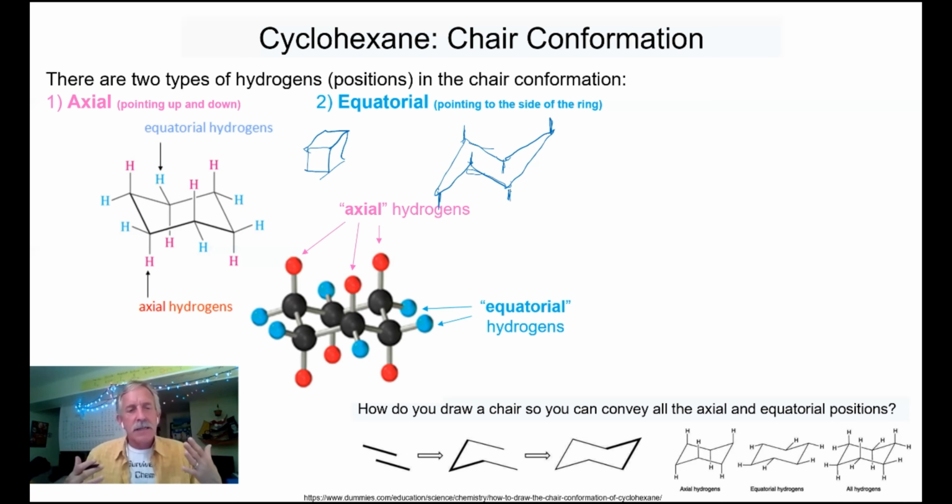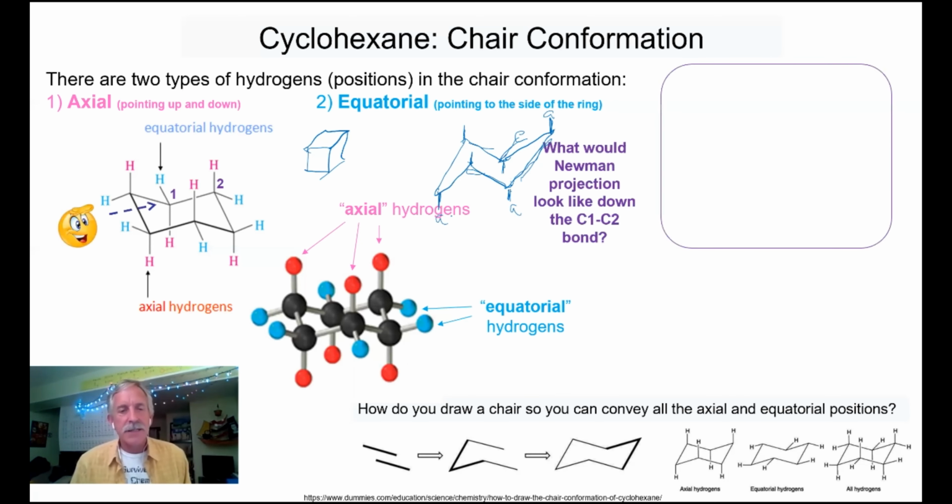So please just keep practicing. I don't really care where your equatorials go. They could go this way. Ideally, the equatorial is trying to be parallel with this bond. But these are all axial positions.